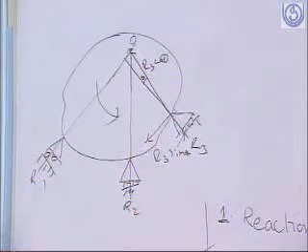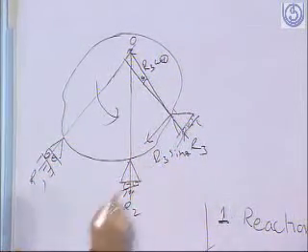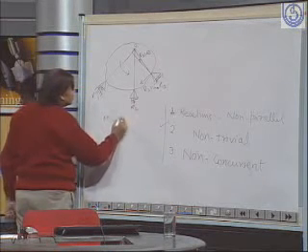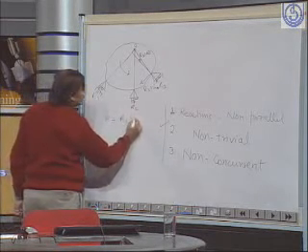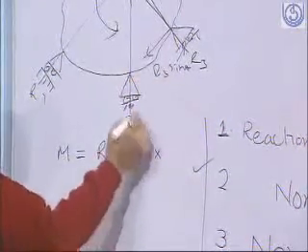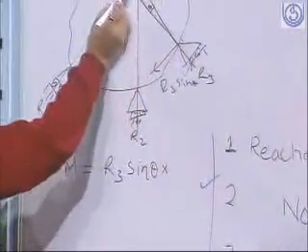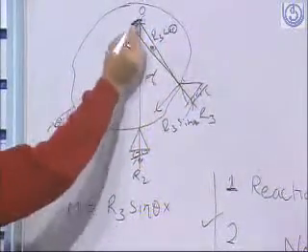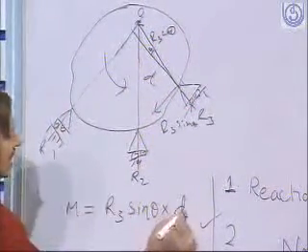So the moment which it will give for resistance will be equal to R3 sin theta multiplied by this distance. Say this distance is d from O. So R3 sin theta into d.